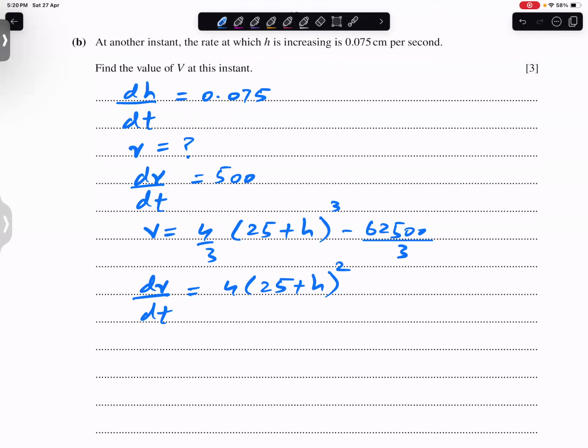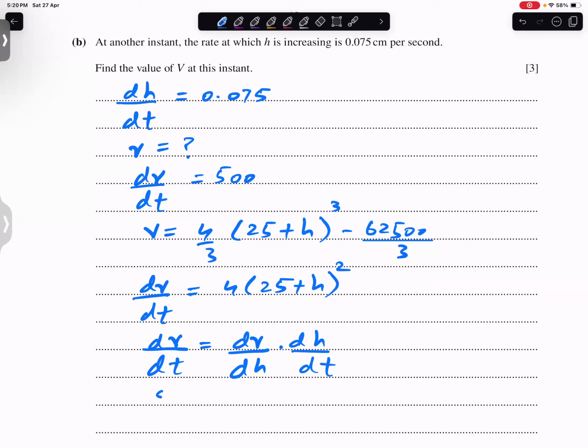So this is the already given data. Let's now apply the chain rule. dv by dt is equal to dv by dh times dh over dt.